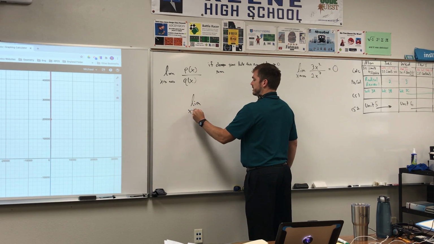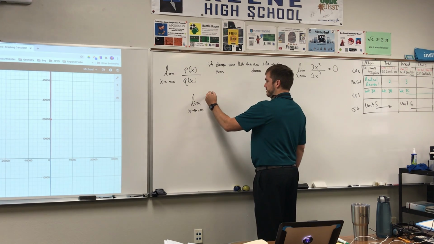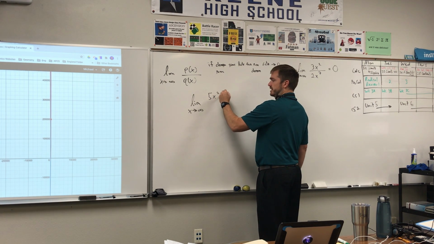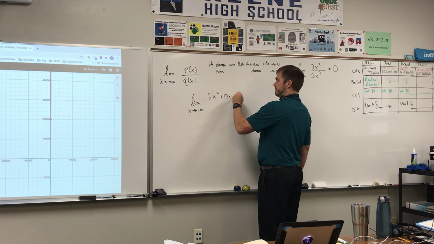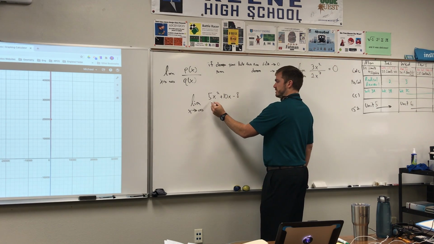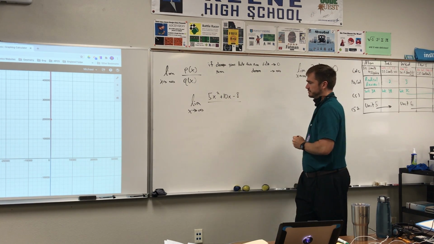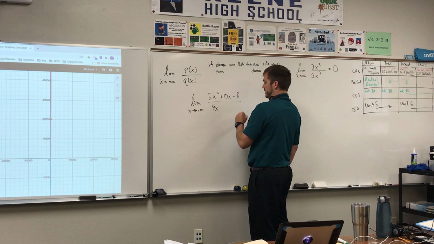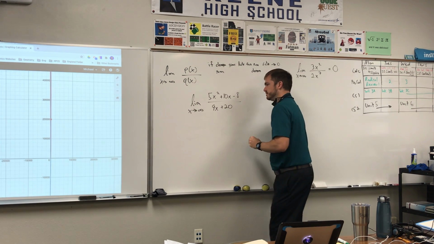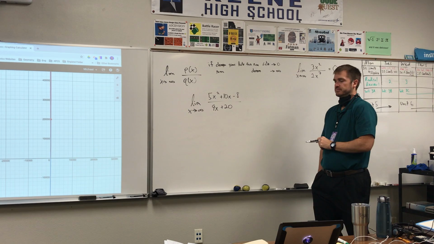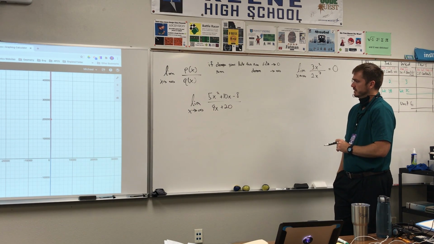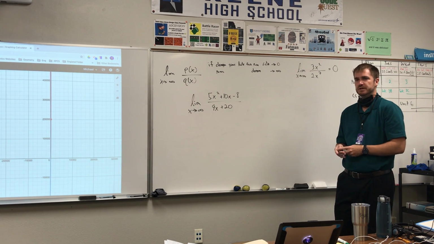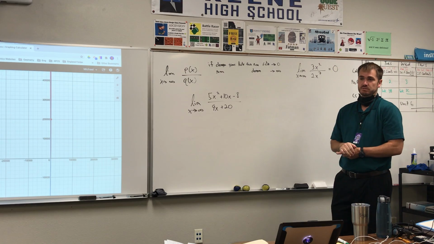The limit as x approaches infinity of 5x squared plus 10x minus 8, all over 9x plus 20. So you're like, oh Mr. Goddard, is this going to be all sorts of new rules and blah, blah, blah? And the answer is no. It's actually just as easy as the other ones.